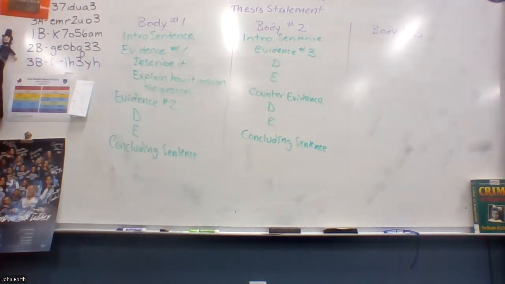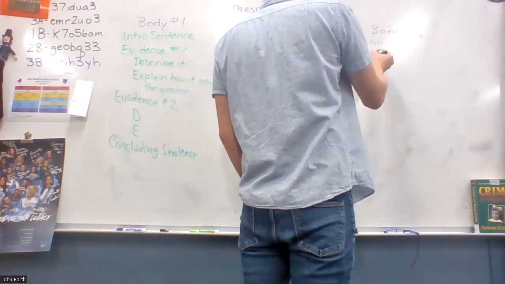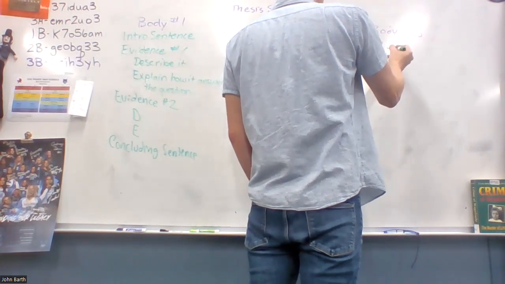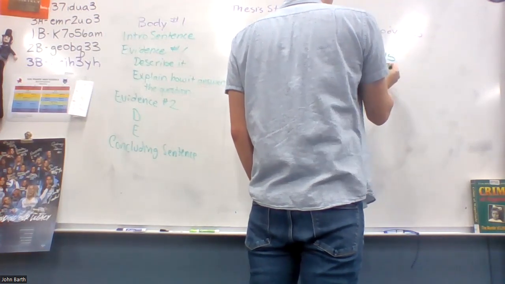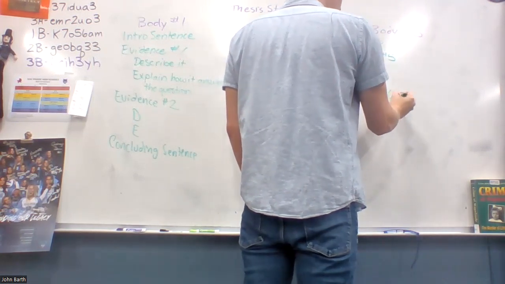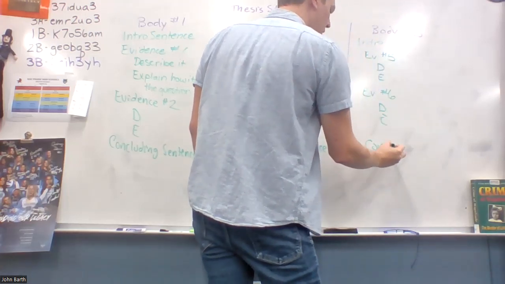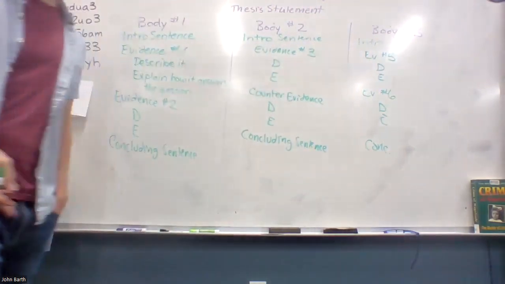Does it make sense so far? And then for the third body paragraph, I do the same thing: intro, evidence number 5, describe, explain, number 6, describe, explain, concluding sentence.